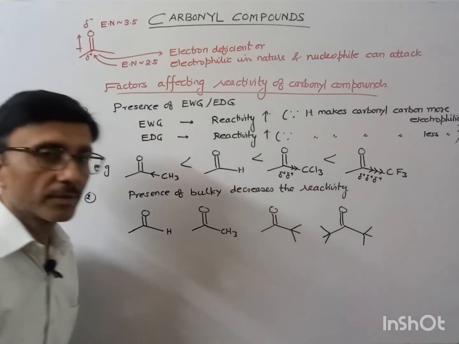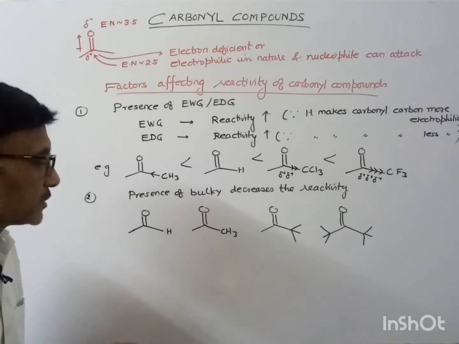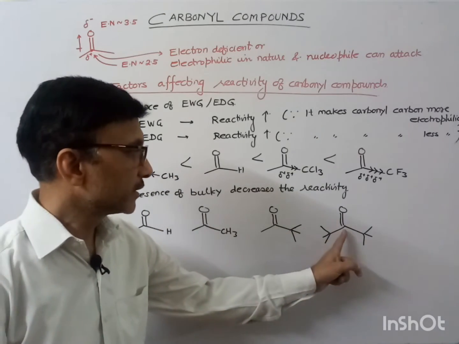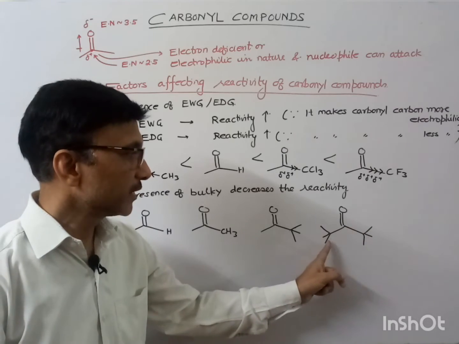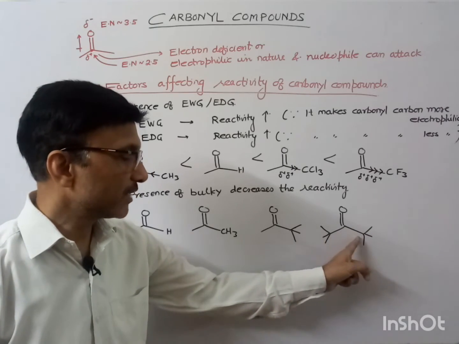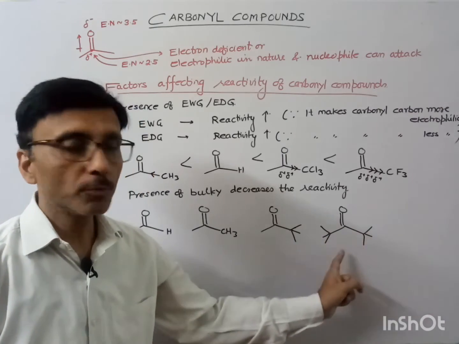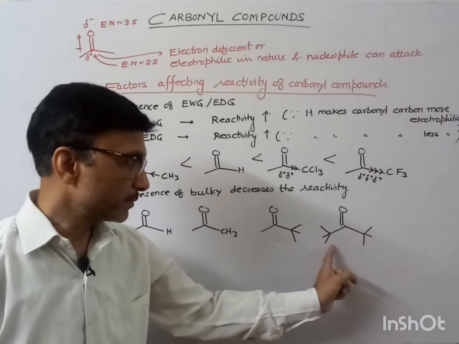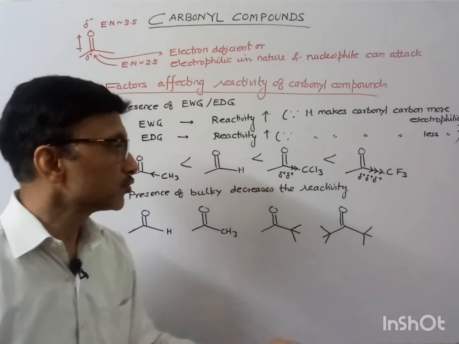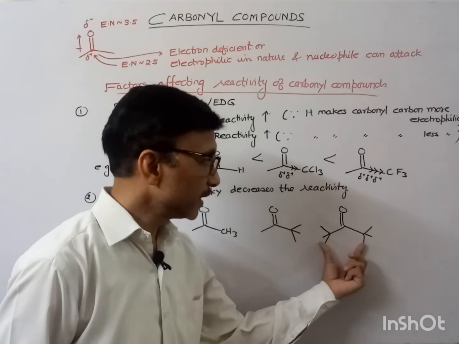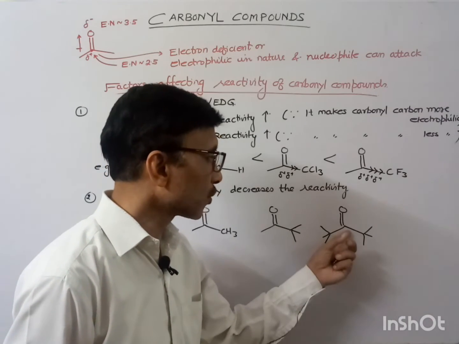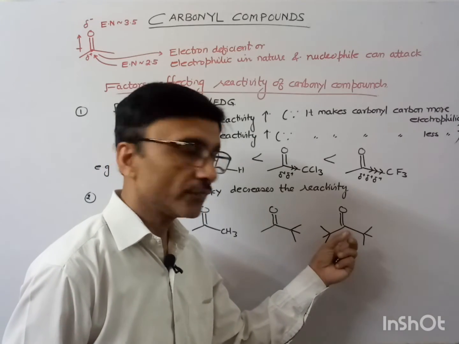Now here, if you see, this compound has at the alpha carbon two bulky tertiary butyl groups. Due to this bulkiness, the nucleophile cannot easily attack at this electrophilic center.